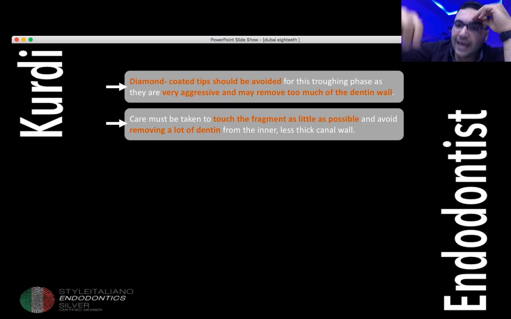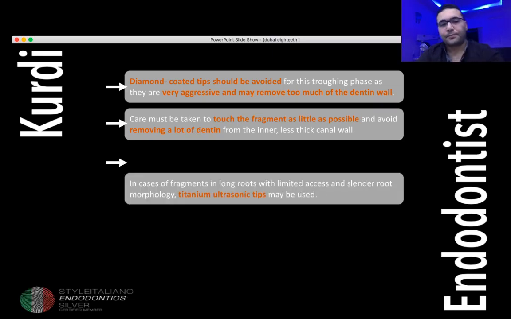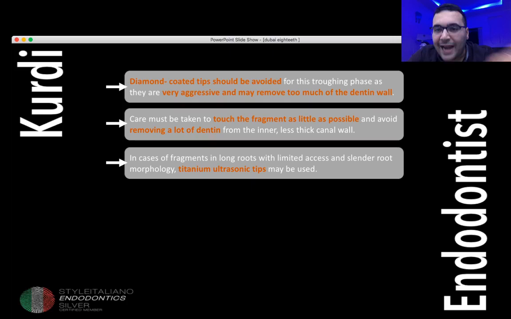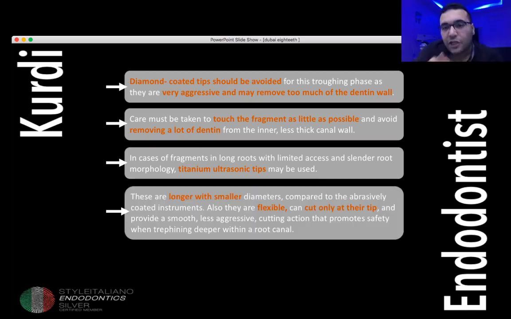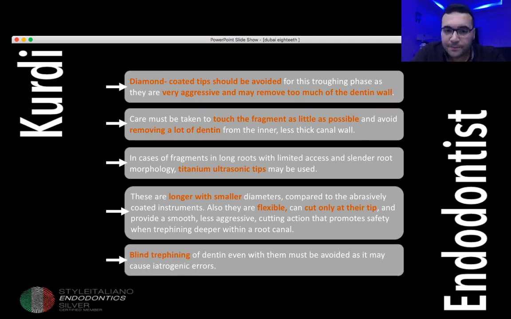And you must remove dentin, but you also have to keep as much virgin dentin as you can. In cases of a fragment in long roots with limited access, where the broken file is in a curved root, you can use titanium ultrasonic tips because they are a little bit flexible and you can use them inside these kinds of roots.